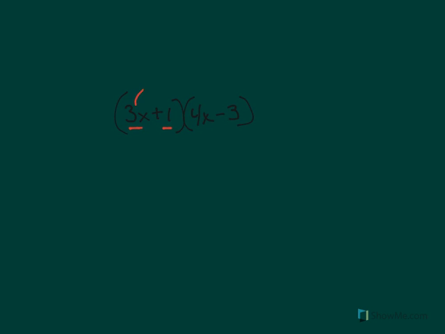So the 3x, let's start with the 3x. 3x goes in. That's going to get us 12. 3 times 4 is 12. X times x is x squared. Distribute the 3x into the other term. Negative 3 times positive 3 is negative 9, and then we have the x.